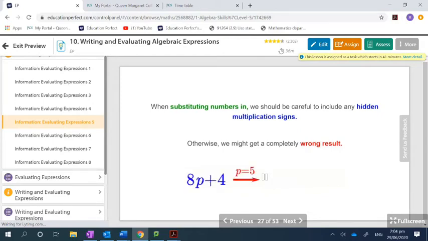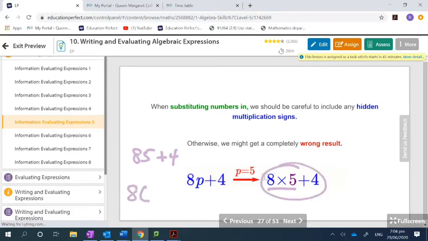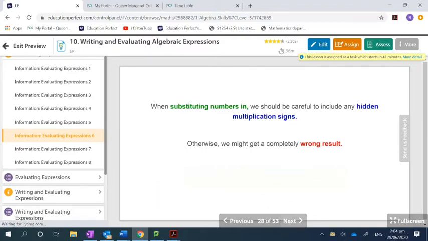But notice what happens if you just put the 5 in place of the p: that turns it into 85, right? So that's not right. I would rather you use a bracket than the multiplication symbol, because what if there are exponents? Exactly, because a bracket is usually more than just multiplication. Good job. So make sure you put things in a bracket.